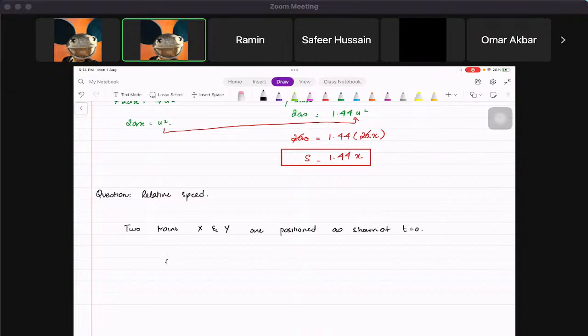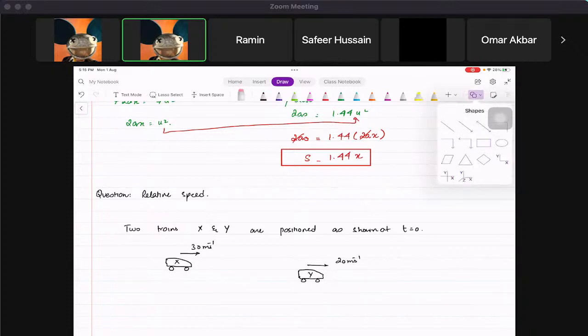So there is one train X that is going at 30 meters per second. There is another train Y which is going at 20 meters per second, and the distance between them is 50 meters right now.